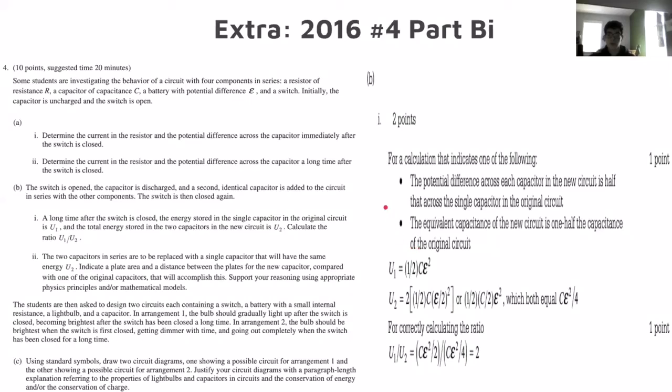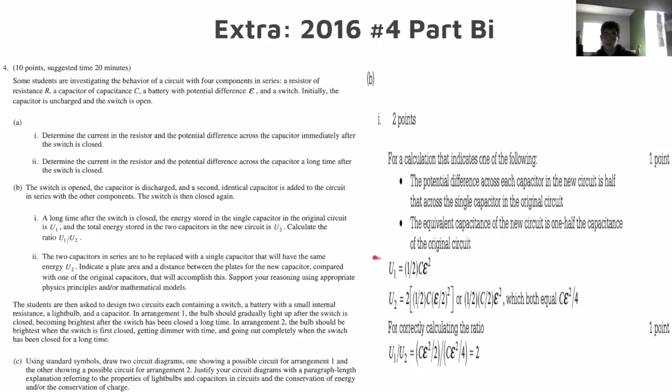The first point is for either a calculation that shows the potential difference is cut in half once there are 2 capacitors in the circuit instead of 1, or, which is the one that I actually like, that the equivalent capacitance of the new circuit is 1/2 the capacitance of the original circuit. What this basically means is that every time you add another capacitor to the total capacitance, the equivalent capacitance keeps getting smaller.